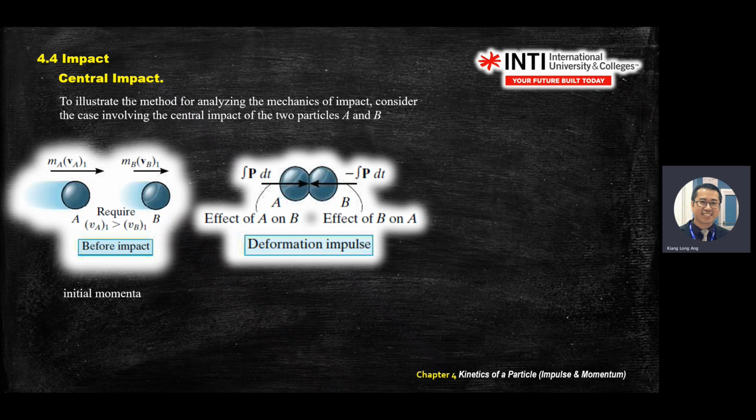In all the analysis, we follow the direction of the highest velocity as positive. In this case A moves faster than B, so positive is to the right, and the force to the left is negative.